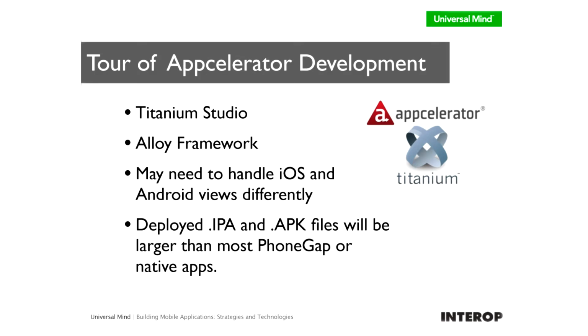As I mentioned, you're going to have to think about handling iOS and Android views differently. The deployed IPA and APK files, so IPA files are the deployment file for iOS, and APK are the files for Android, you will find them to be larger than if you had written them in native code. As a matter of comparison, the files for native code for this little application are about 150K, 160K, somewhere in that range.